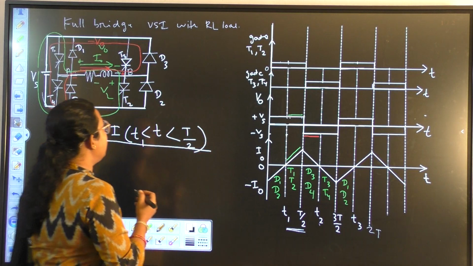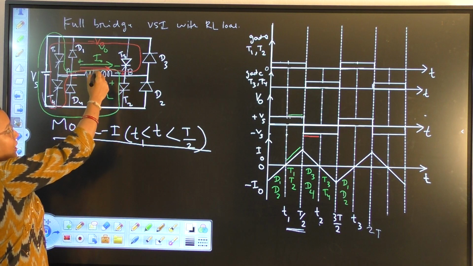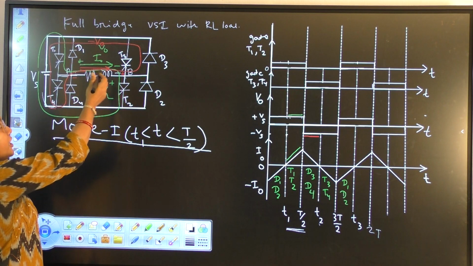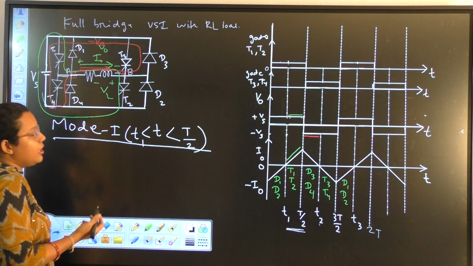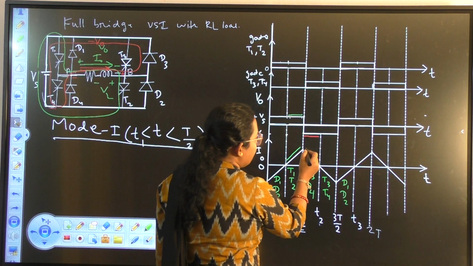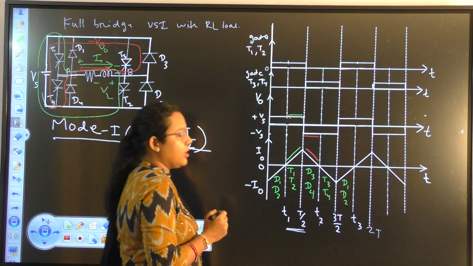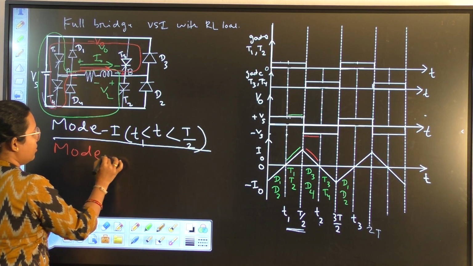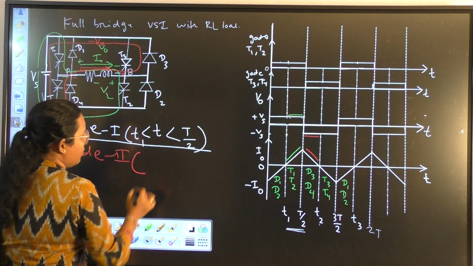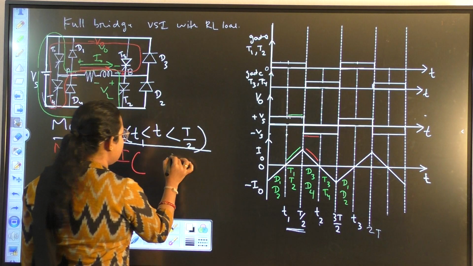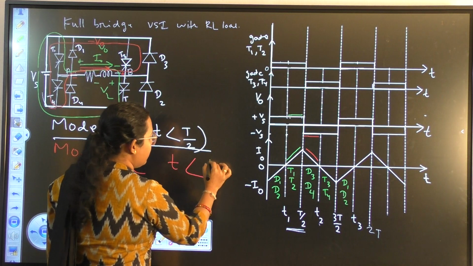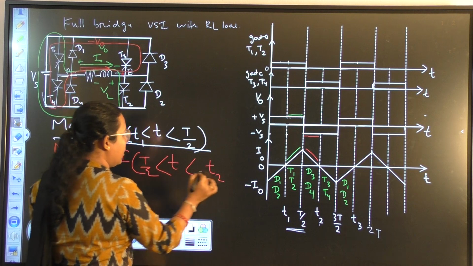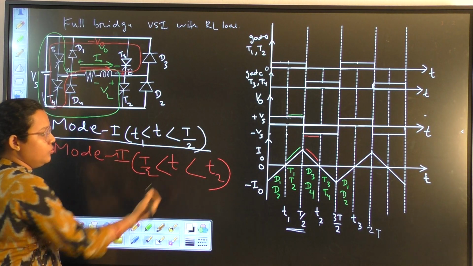And what happens to current? As the stored energy inside the inductor gradually decays exponentially, the current decays up to 0. So mode 2 operation is T lying between T by 2 to T2.